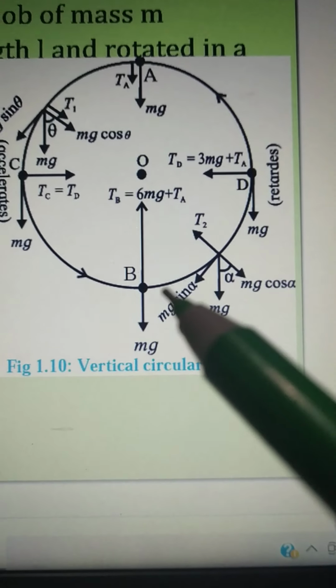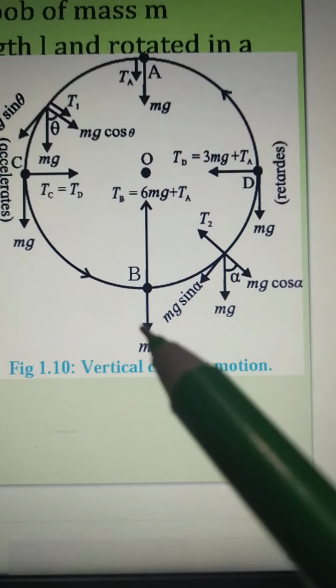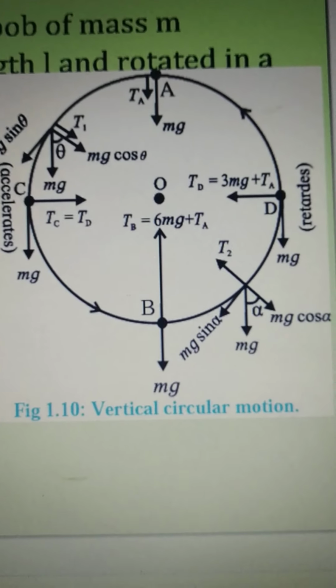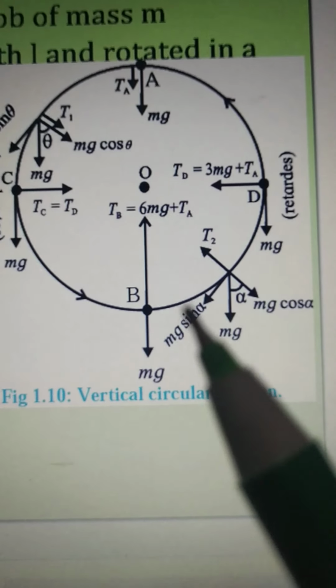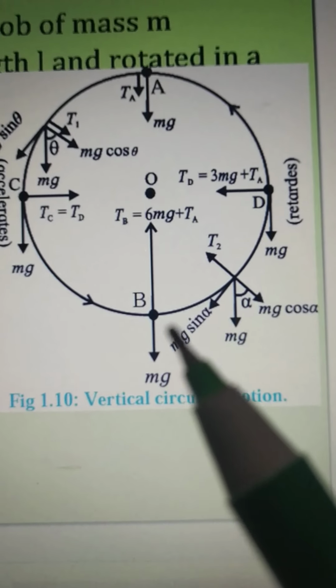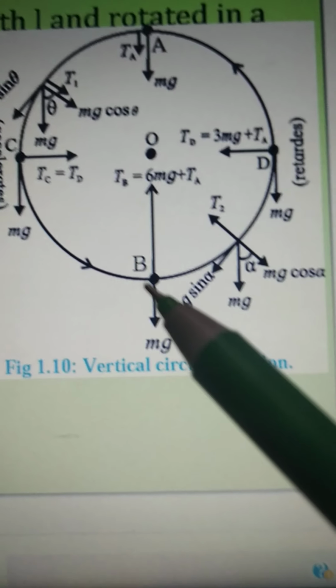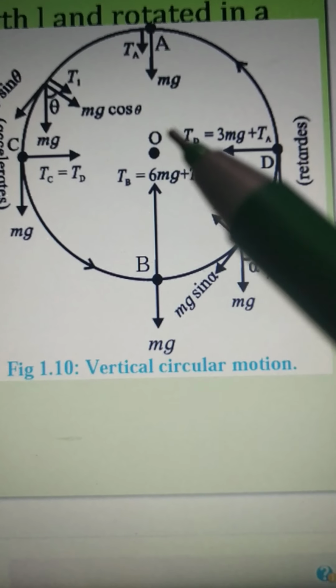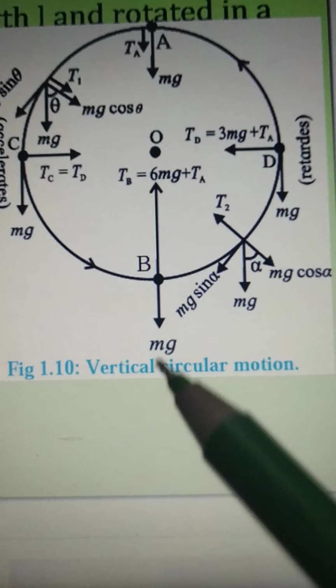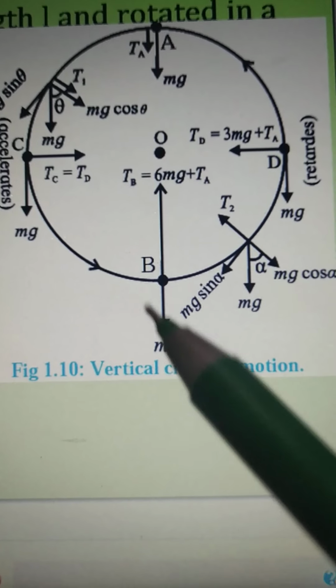Now let us find the next expression, for the lowermost position. The lowermost position means the bottom position, at B. In this condition the tension acts in the upward direction and the weight mg acts downward.